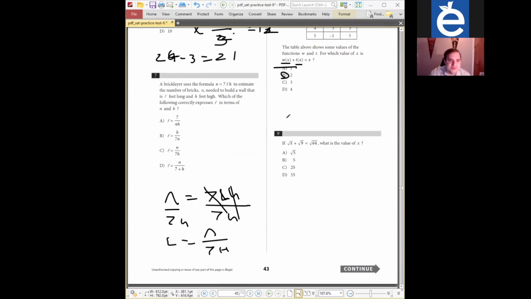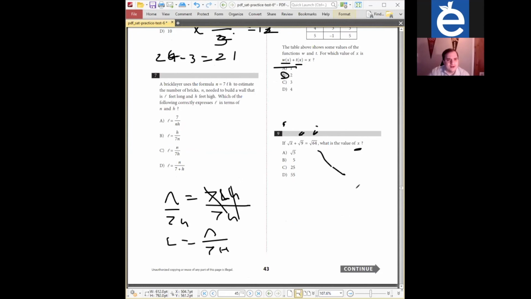All right, so 9. 9 is asking what's the value of x. The path of least resistance on this is to stop these from being radicals right off the bat. You want to stop these from being radicals right off the bat, right?